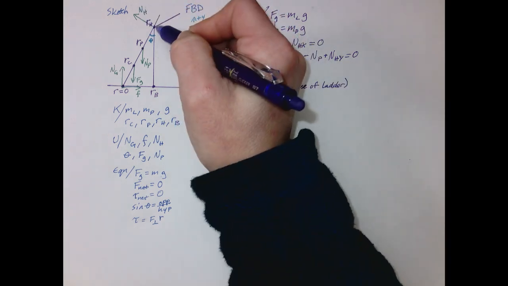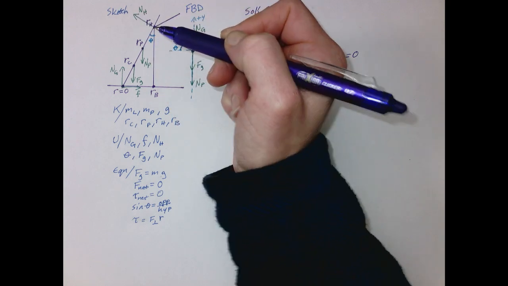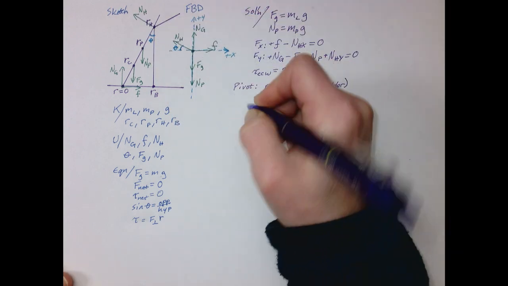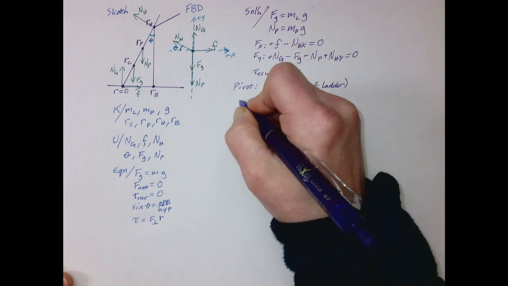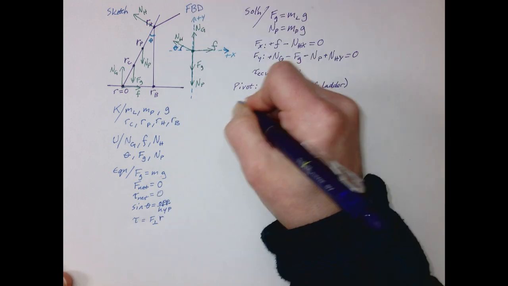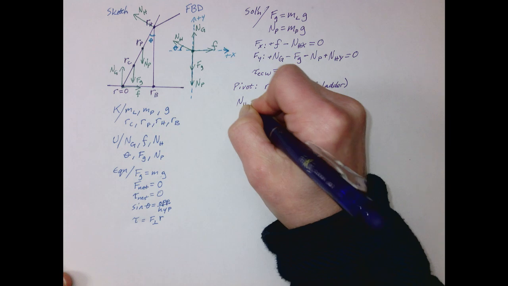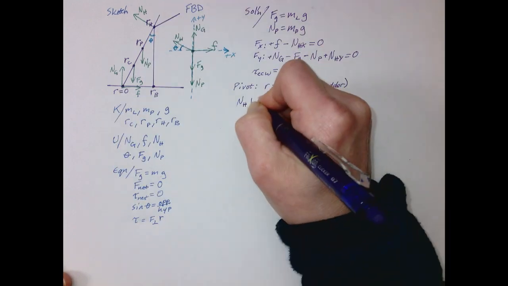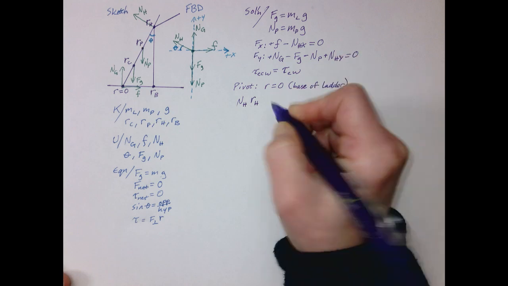In the case of the normal force from the house, that is applied perpendicular to the ladder, so the torque for the normal force from the house is equal to that normal force, N sub h, times its distance from the pivot point, R sub h.